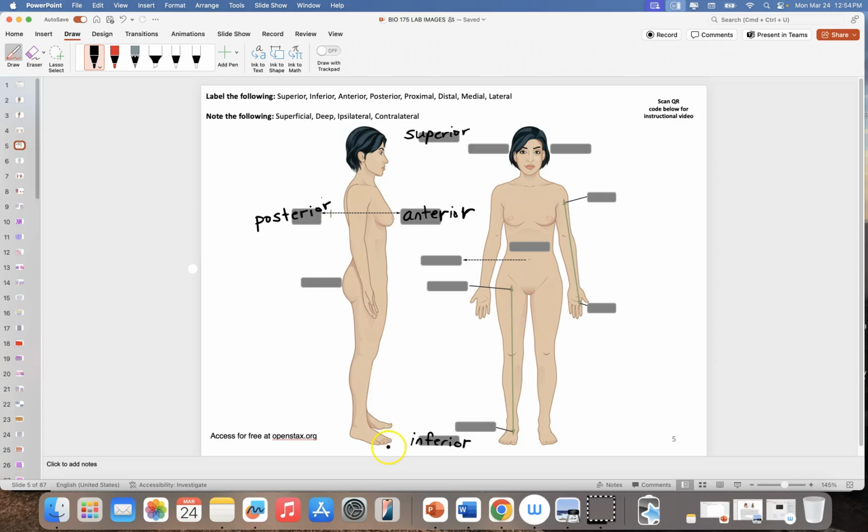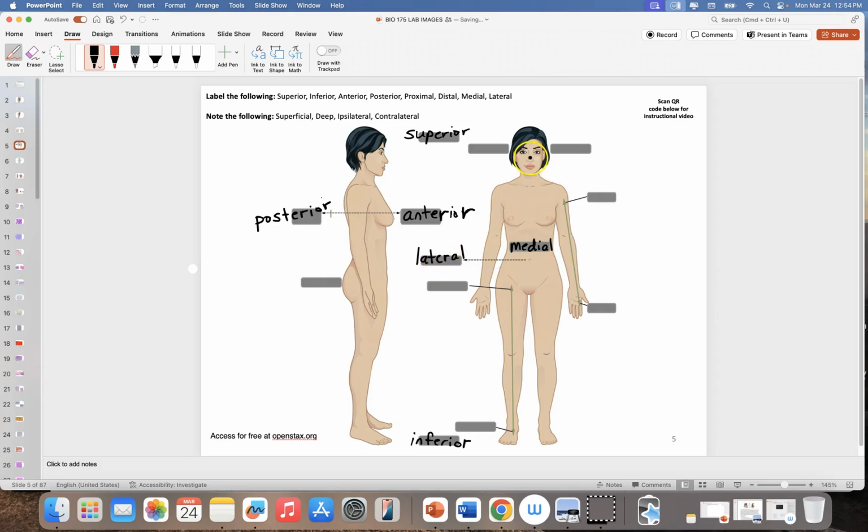We also have medial and lateral. Medial is when we are going to be closer to the midline. And when we move farther away from the midline, we use the term lateral.